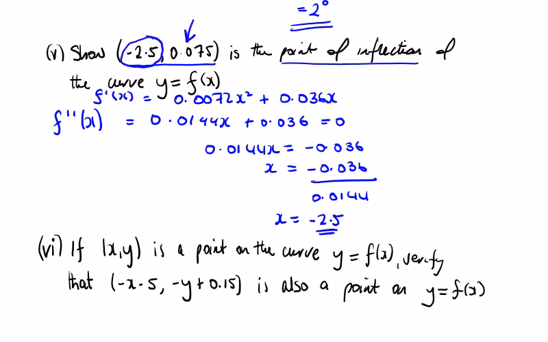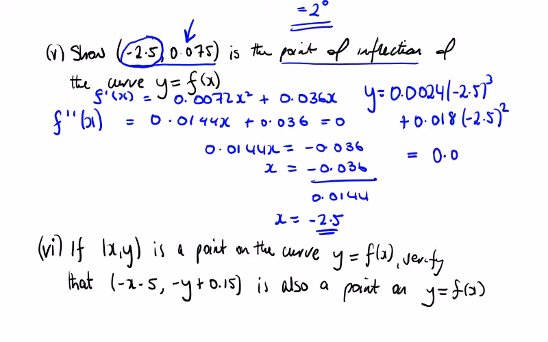And to get our y value, we always use the original function. So y is equal to the original function, 0.024 x cubed, so minus 2.5 to be cubed, and we also had 0.018 x squared, plus 0.018 by minus 2.5 to be squared, and if we do that sum, we're going to get 0.075.